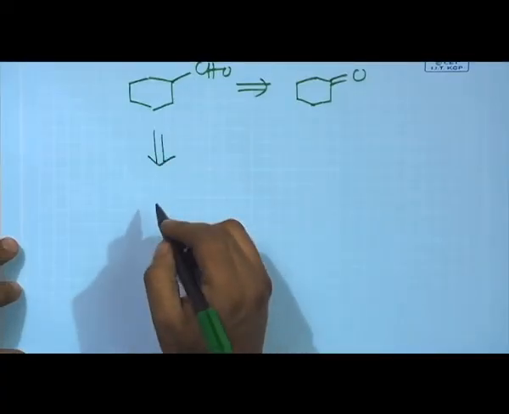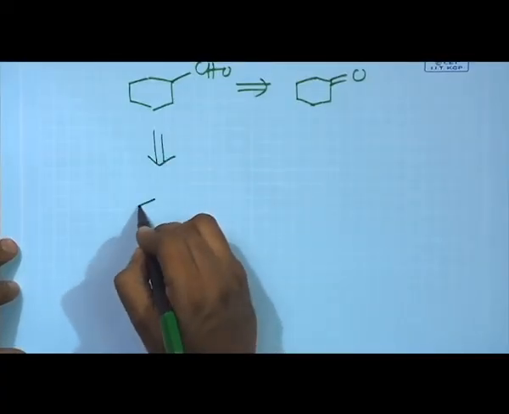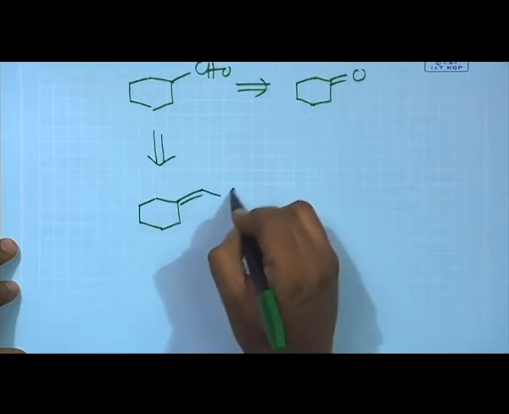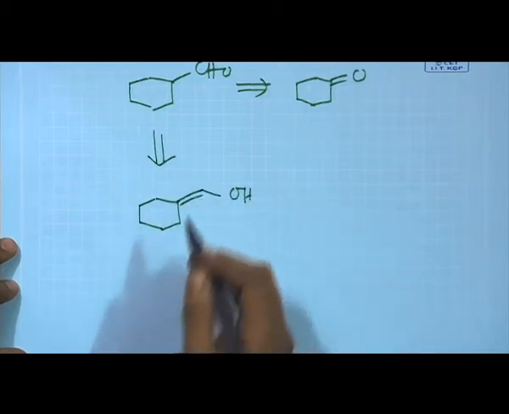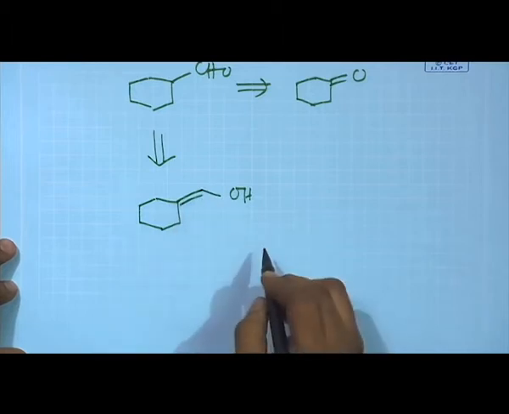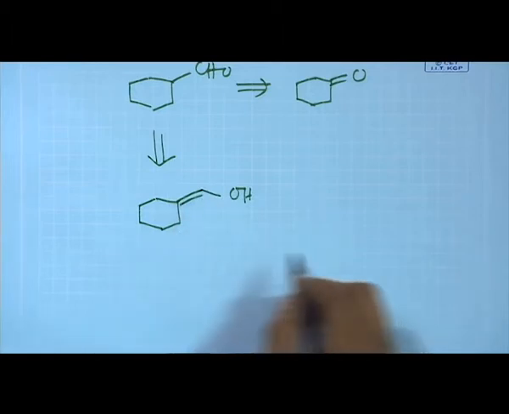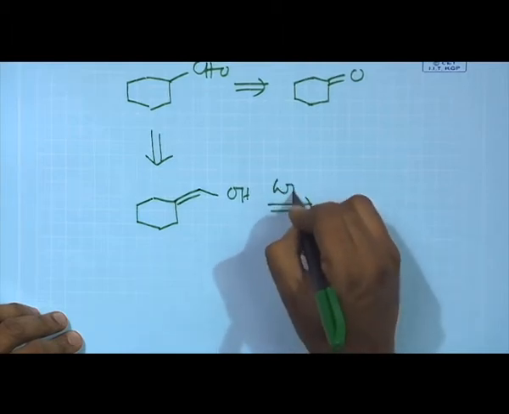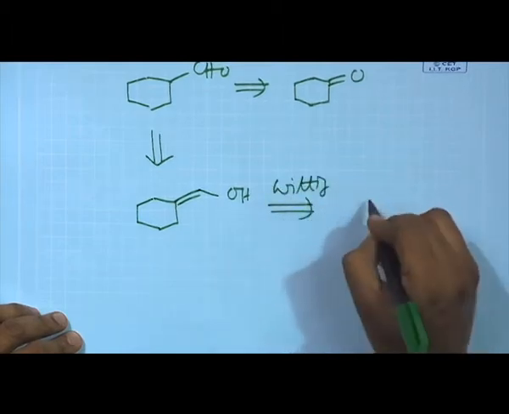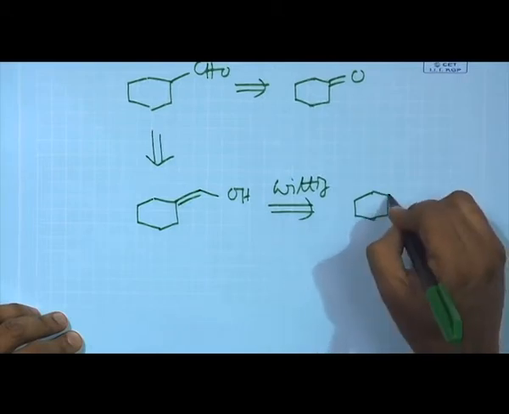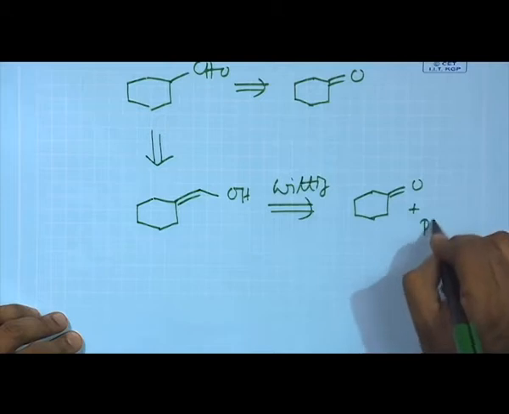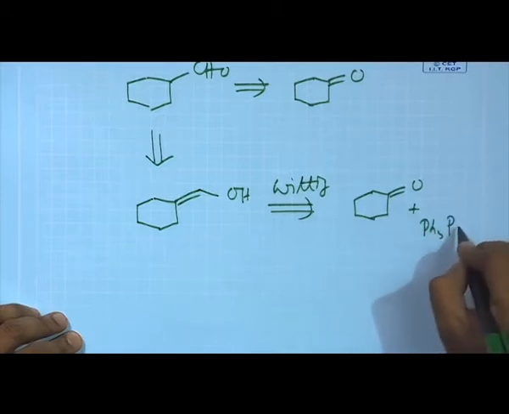Now, we will do a retro, and we devise that if you can have this kind of vinylic alcohol, which can instantly tautomerize to this, fine. Now, how can you get this vinylic alcohol? We will use potentially a Wittig transformation, starting from a cyclohexanone with a Wittig ylide Ph3P double bond CHOMe.